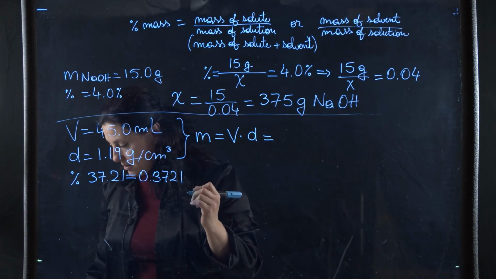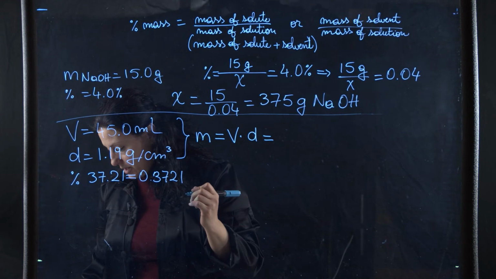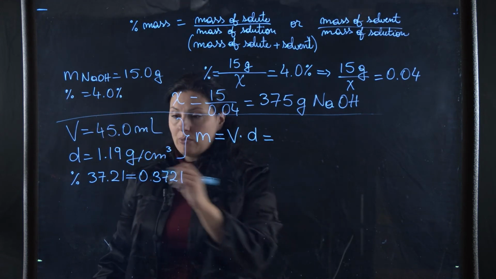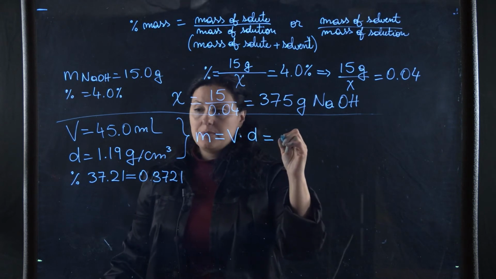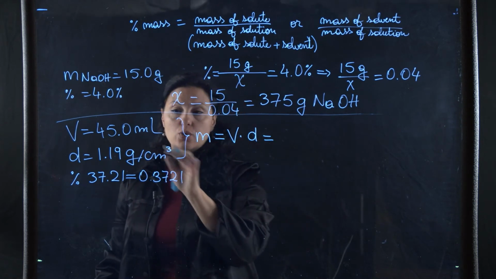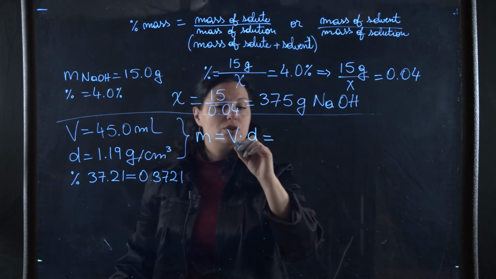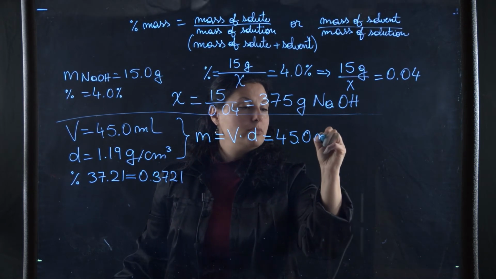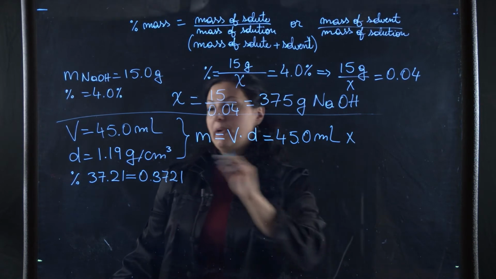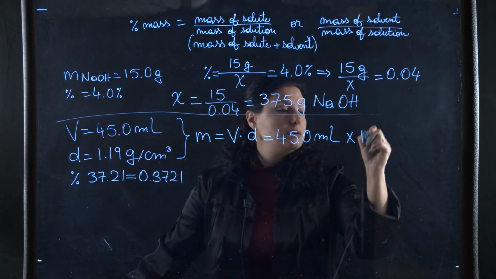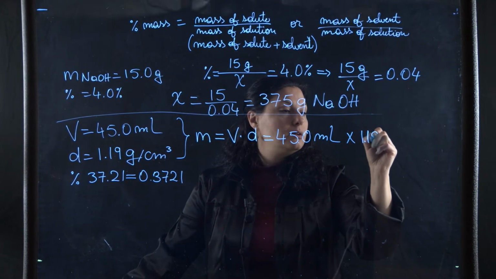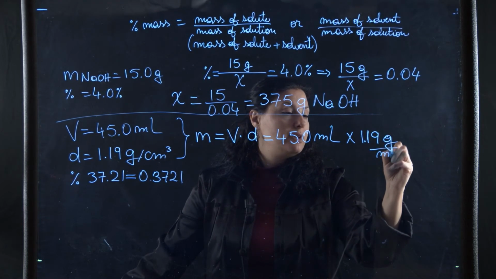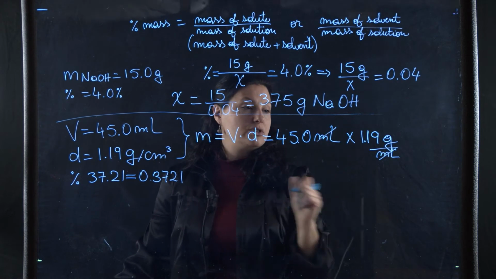and my density is 1.19 grams per centimeter cubed, which is the same as per milliliter. So let's do 45 for the volume, milliliters, multiplied by 1.19 grams per milliliter, because it's the same as grams per centimeter cubed.